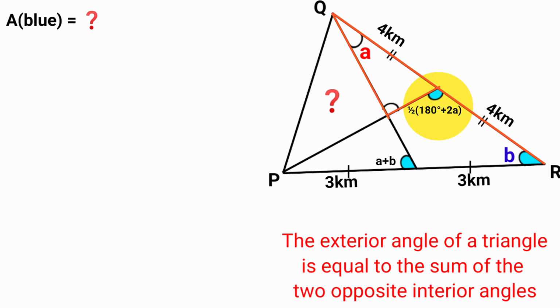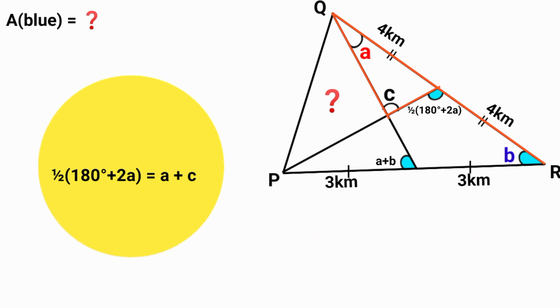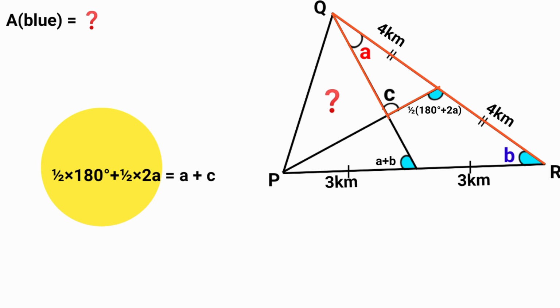So since its size is 1/2 (180 degrees plus 2a), and this is a, assuming this is c, 1/2 (180 plus 2a) equal to a plus c. 1/2 (180 plus 2a) is 1/2 times 180 plus 1/2 times 2a. 1/2 times 180 is 90 degrees, and 1/2 times 2a is a. So 90 degrees plus a equal to a plus c.